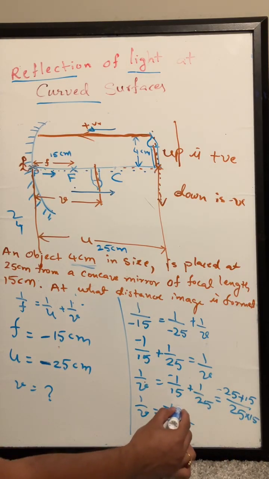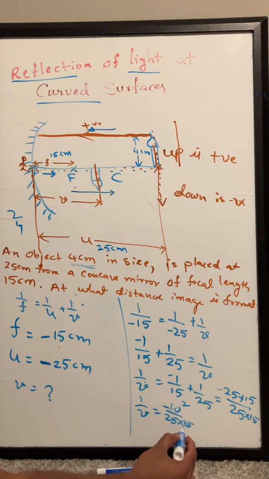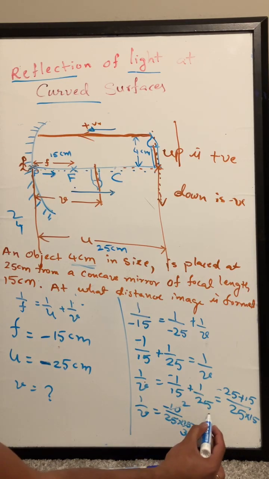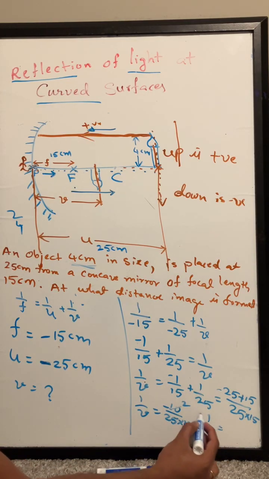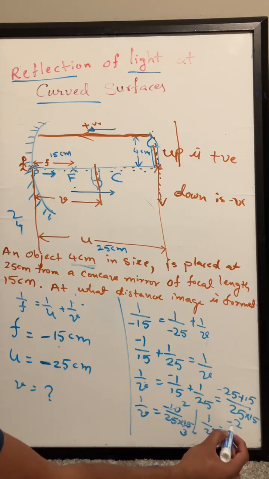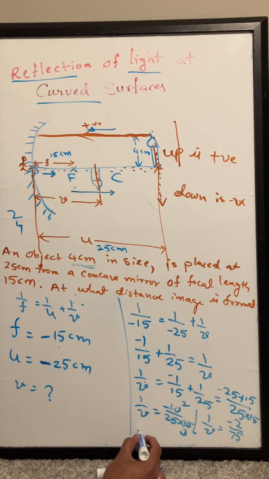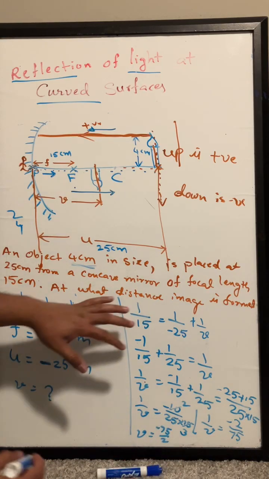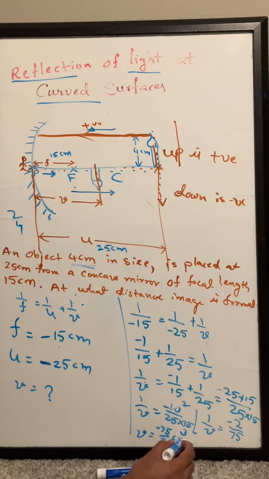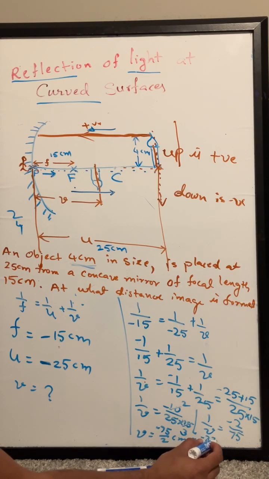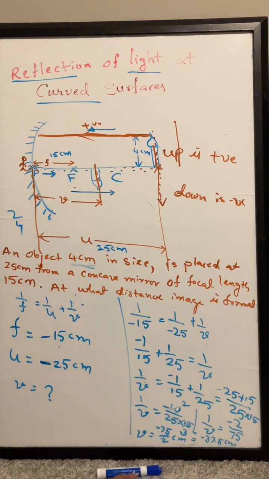So 1 by v is minus 2 by 75. v equals minus 75 by 2. So all are in centimeters, equal to minus 37.5 centimeters.